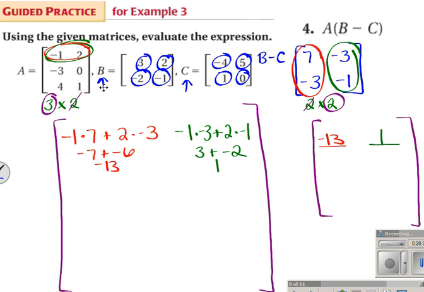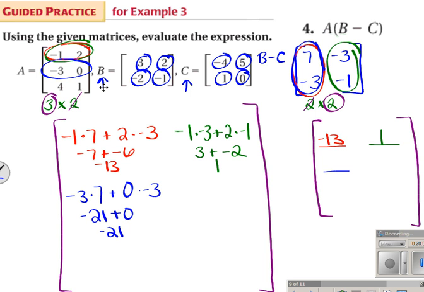Next position is row 2, column 1. So row 2 times column 1. Negative 3 times 7 plus 0 times negative 3. So negative 21 plus 0 is negative 21.